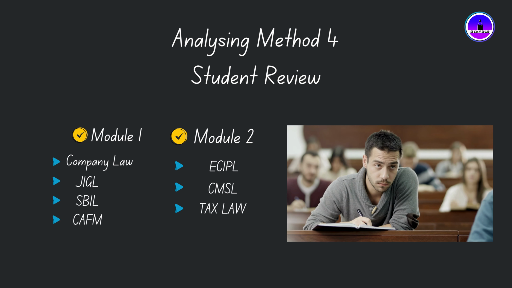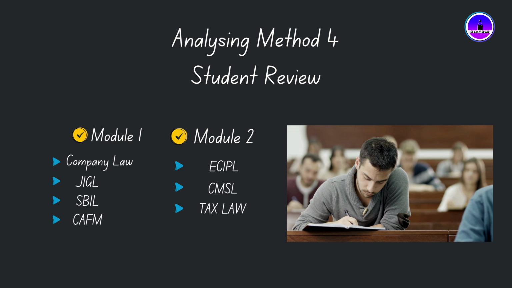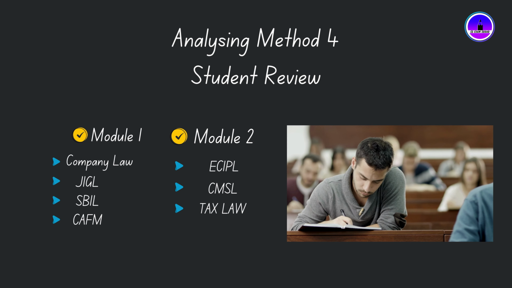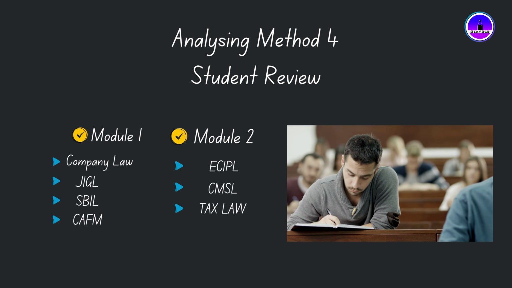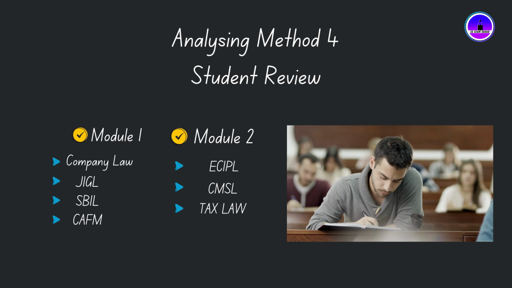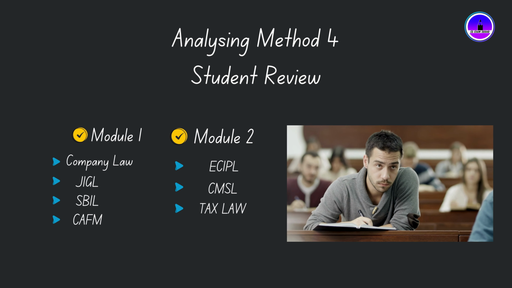In one subject, for example CMSL, you're learning about the securities market and capital market, and in the other subject you're learning about economics and so on. Then intellectual property rights. So very, very different content from one another. Understood?